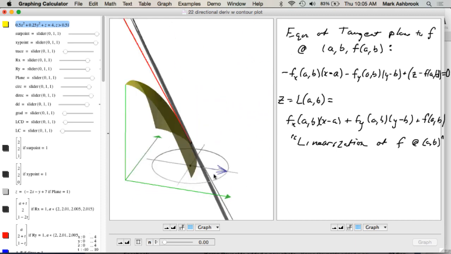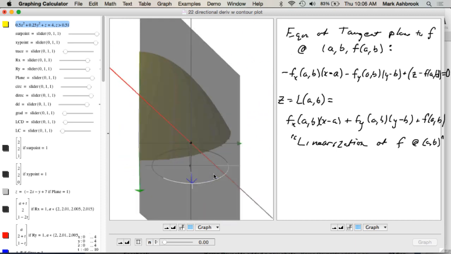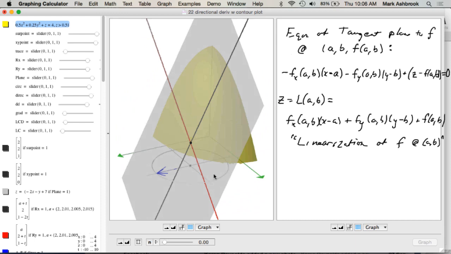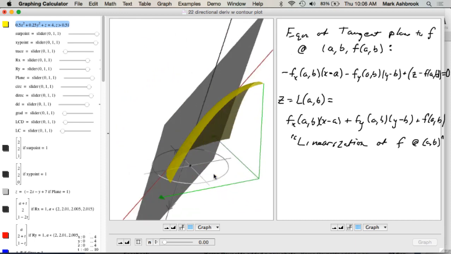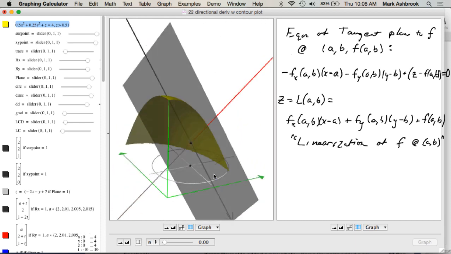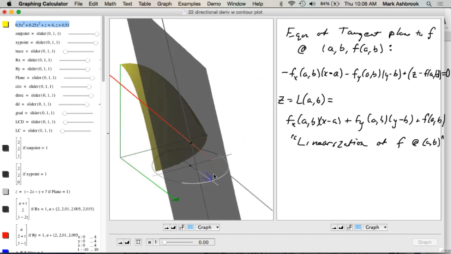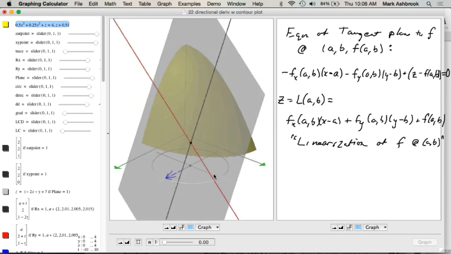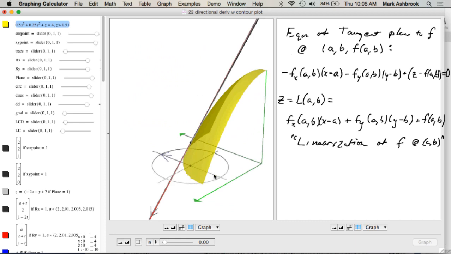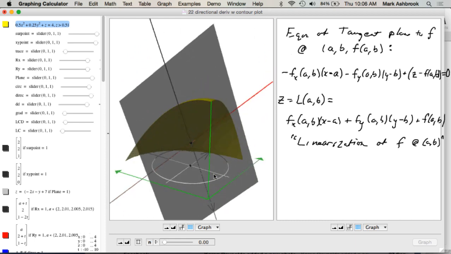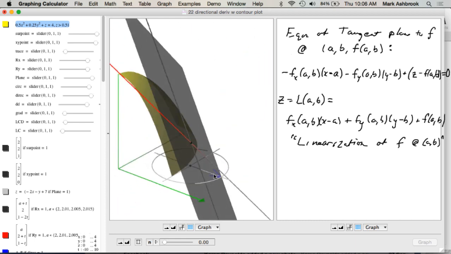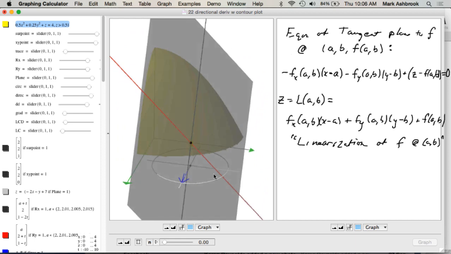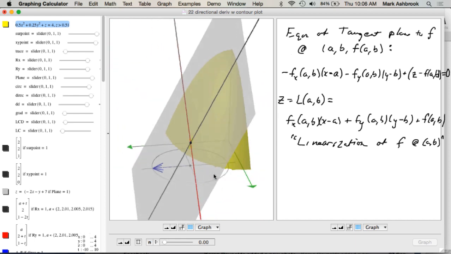The smaller you make the possible values close to (a, b), the more the linearization is essentially the same as the z values of the surface. But if you get too far away from (a, b), the plane deviates from the surface, right?